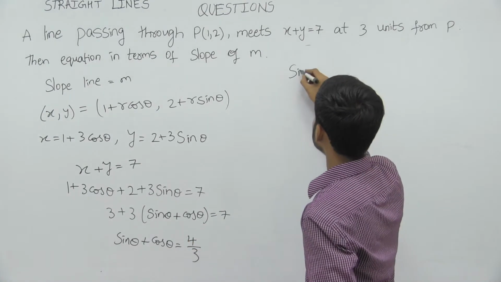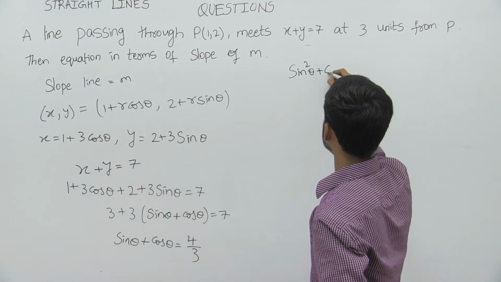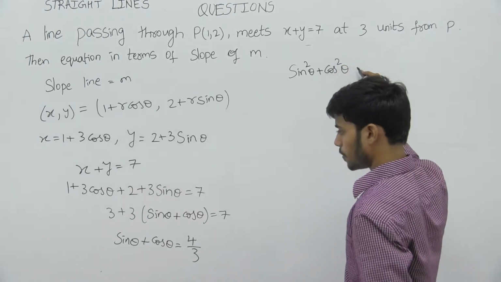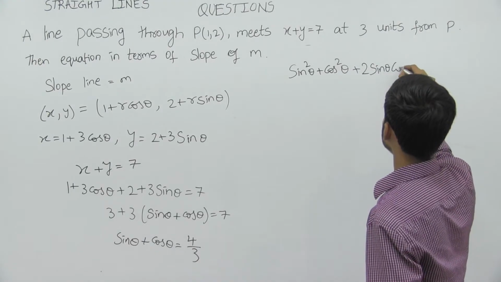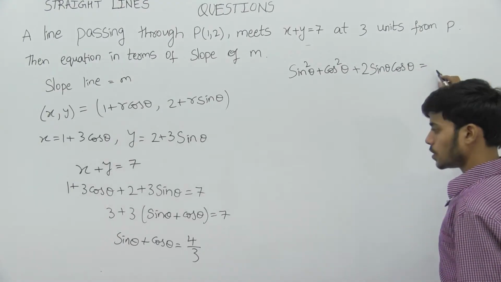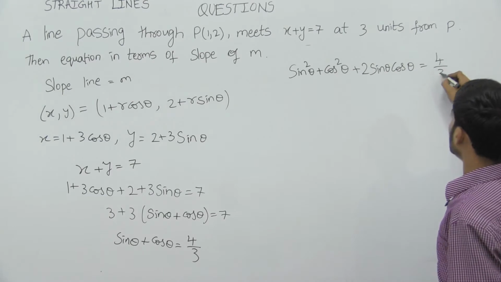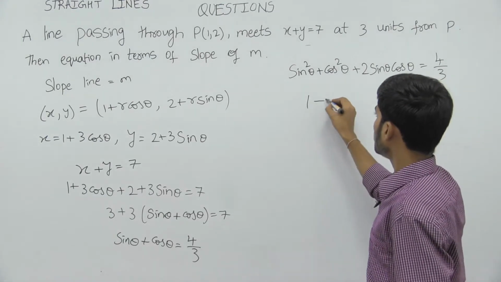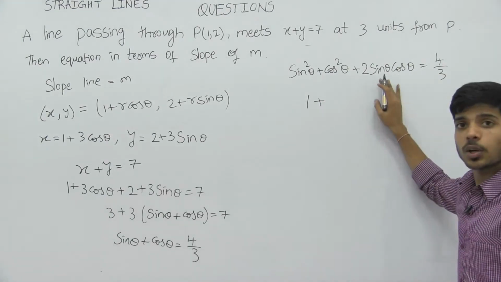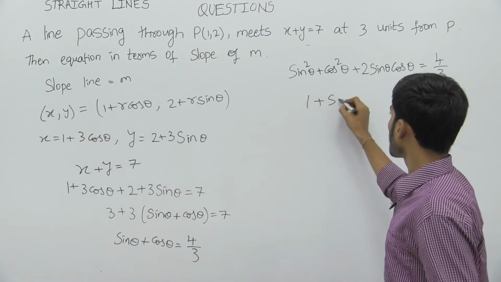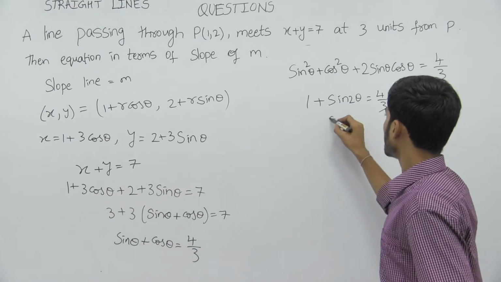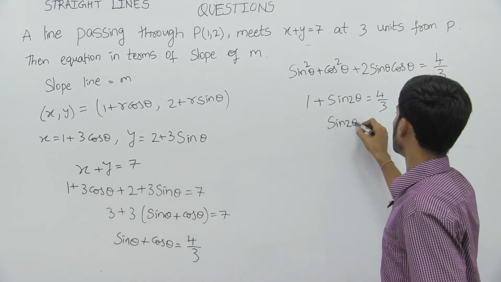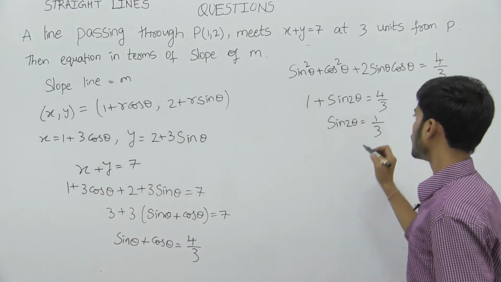We get sin square theta plus cos square theta plus 2 sin theta cos theta equal to 4 by 3. This is 1 plus, we can write 2 sin theta cos theta as sin 2 theta. We have 1 plus sin 2 theta equal to 4 by 3 and sin 2 theta equal to 1 by 3.